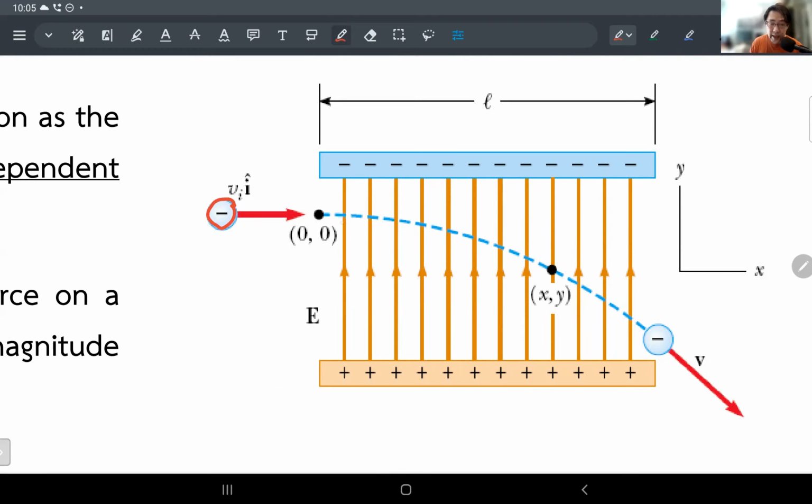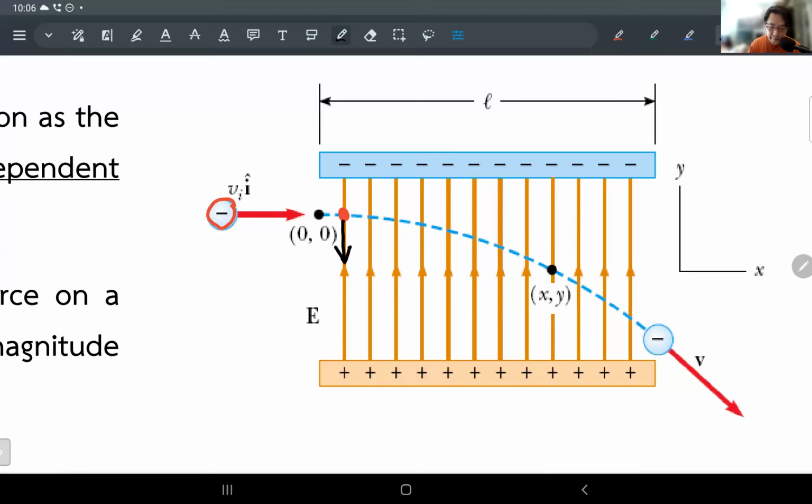But once it enters the region that has electric field pointing up, let's focus on this point right here, I'm going to write this on top of one of the field lines. Because the electric field is pointing up, but the charge we are looking at is negative, this particle is going to experience the force pointing down.